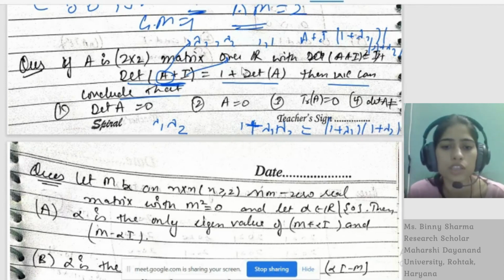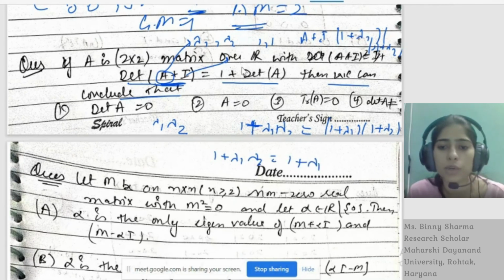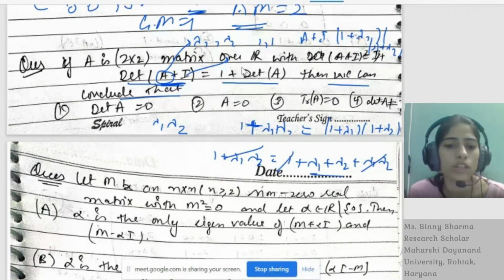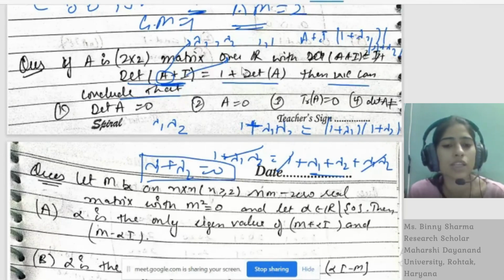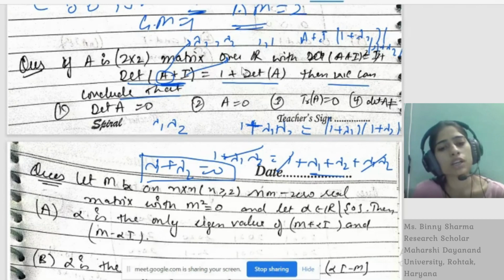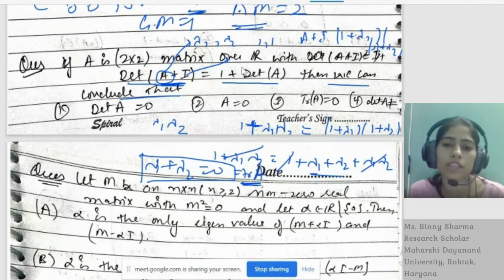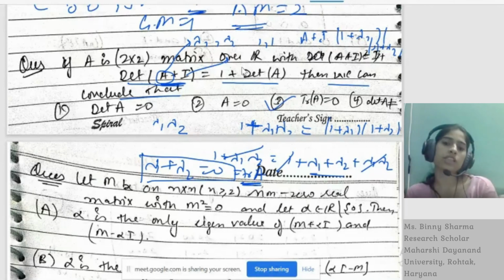Now just solve this. 1 plus lambda 1 lambda 2 equals 1 plus lambda 1 plus lambda 2 plus lambda 1 lambda 2. So lambda 1 plus lambda 2 equals 0. The sum of eigenvalues equals the trace of the matrix. So we can conclude that the trace of A should be 0. So the third option will be correct.